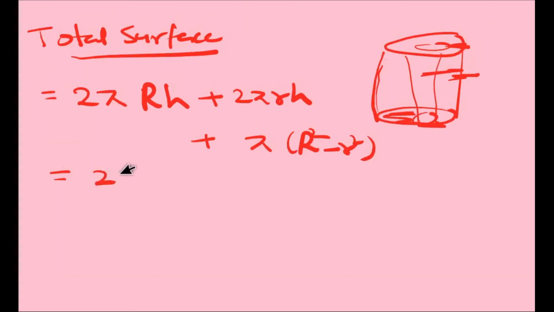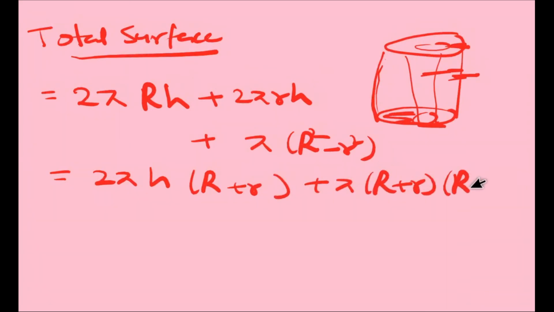Taking 2 pi h common, we get R plus r, and here we can take the factor R plus r minus r.